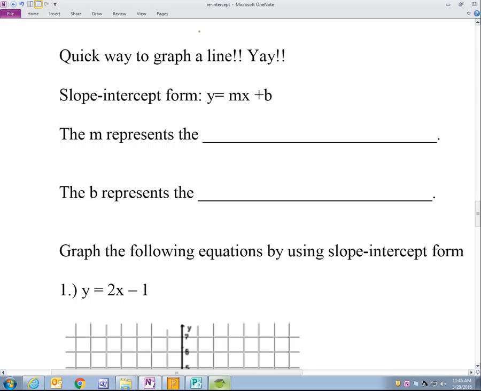All right. Quick way to find the line. Slope-intercept form is y equals mx plus b.